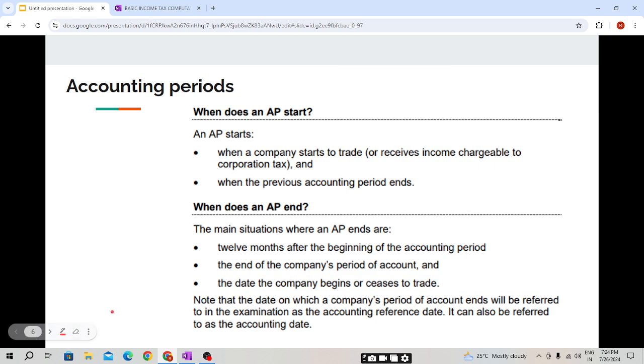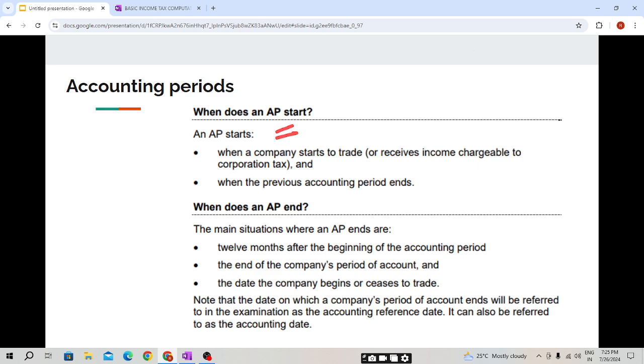But from the 24-25 accounting year, it will be on the tax year basis, that is 6th April to 5th April. If the period of account for an individual is prepared for more than 12 months, it will be split into the tax year basis. But students, in the case of companies, the corporation tax is charged based on the accounting period, and the accounting period will not be more than 12 months.